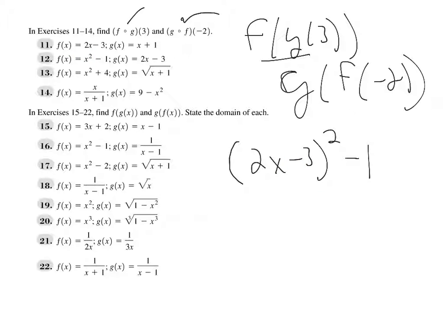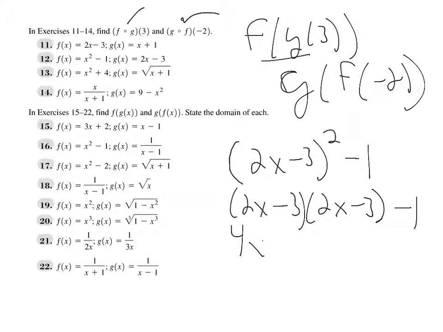It wouldn't be wrong to clean it up. Remember, when you have a binomial squared, you have to write it twice and FOIL it. So that's going to become 4x squared, minus 6x, and another minus 6x is minus 12x. And then -3 times -3 is positive 9, and then I'm going to subtract 1. So I'm going to get 8.